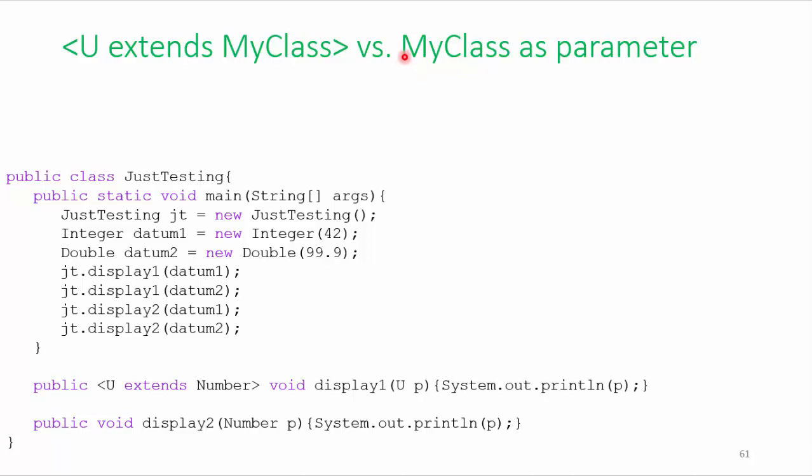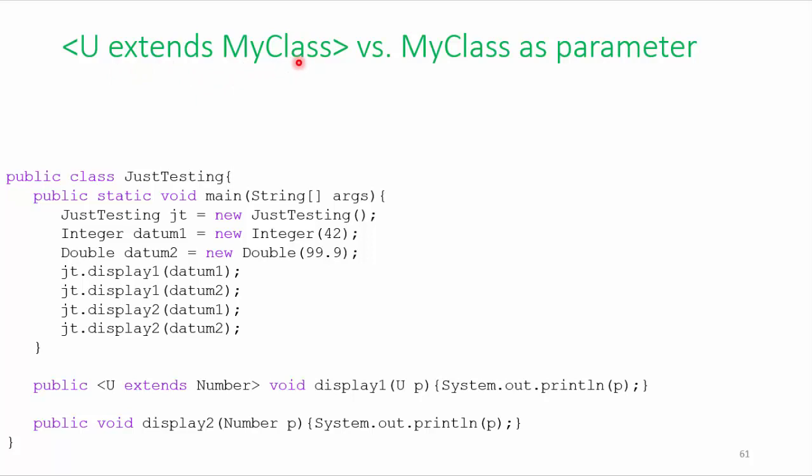So we are going to consider using the name of a superclass as parameter to a method, thus allowing, for example, if the superclass was Number, to pass effective arguments that are of type Integer and Double, for instance. Or instead of that, using the bounded type parameter notation that we just studied, which would be, for example, U extends myClass. So which one do we want to use?